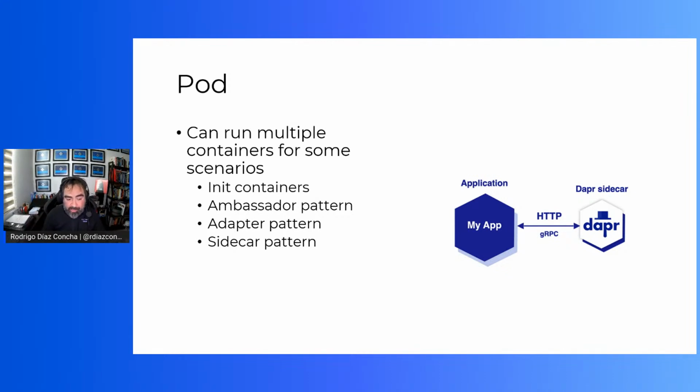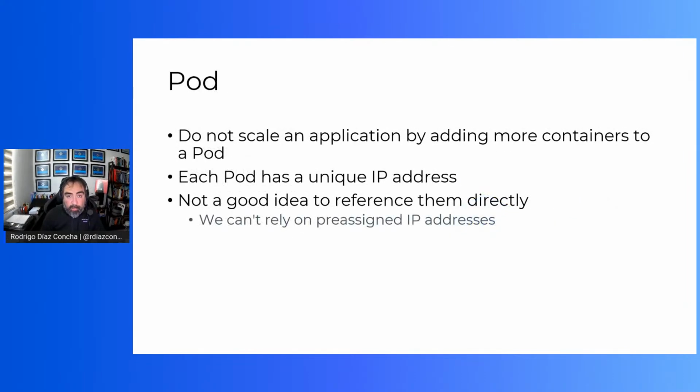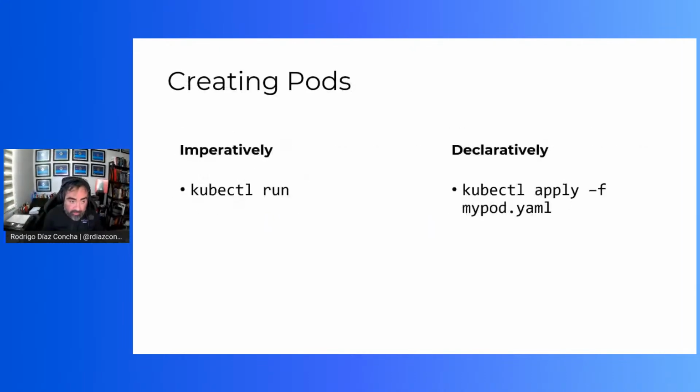Actually, Dapr is based on this sidecar design pattern. So what you use is the pod for deploying your containers. However, you don't scale an application by just adding more containers to a pod, okay? You don't do that. What you use is a replica set, and that's what I'm going to explain today.